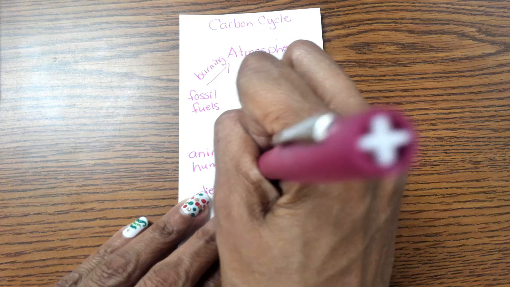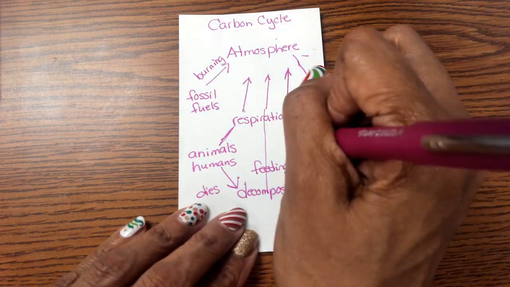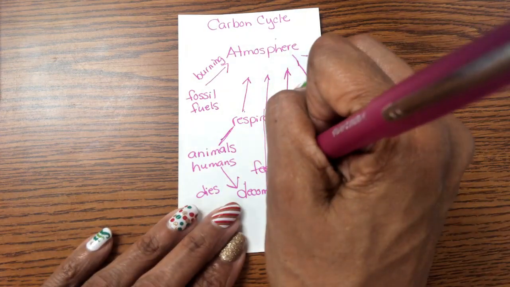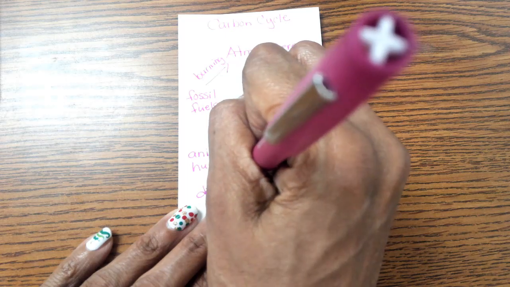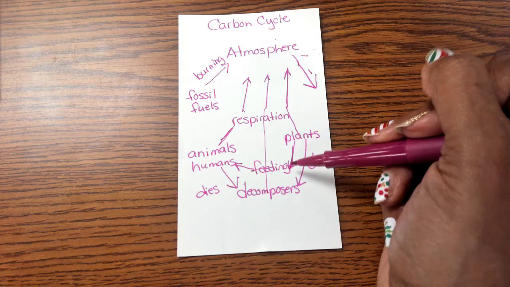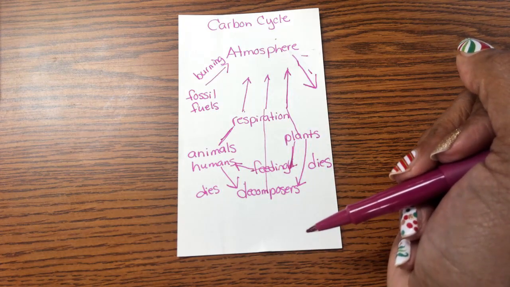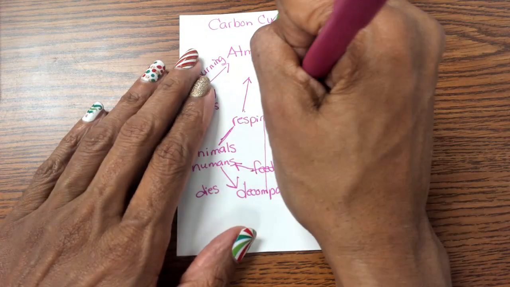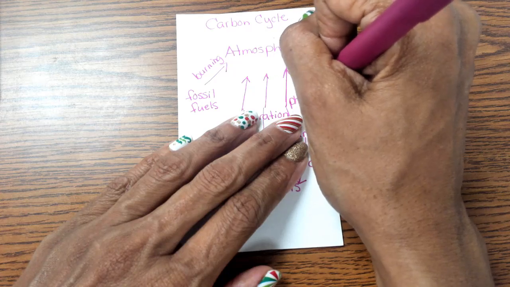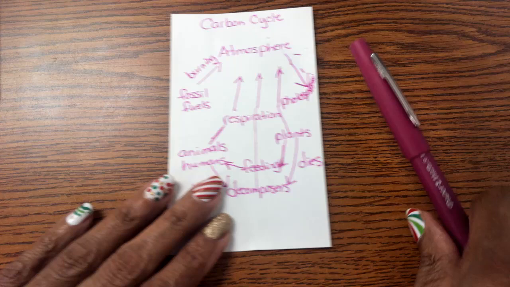And then I'm going to put feeding in here. Okay. And I'm going to draw an arrow from the plants over to the animals. Okay. Because when animals eat plants, that's a way that carbon is taken out of the atmosphere. And then photosynthesis. I hope you can read that.